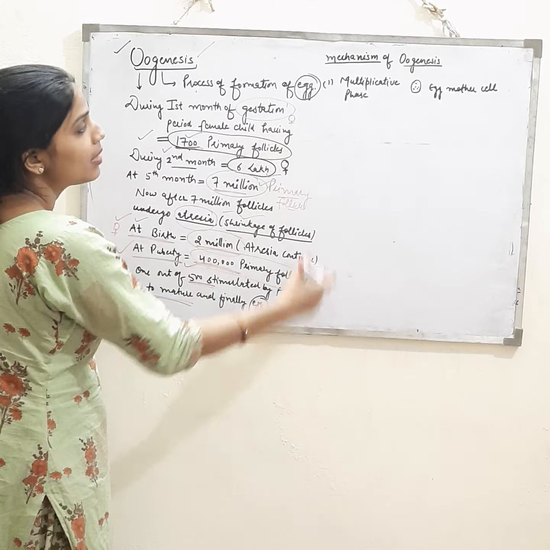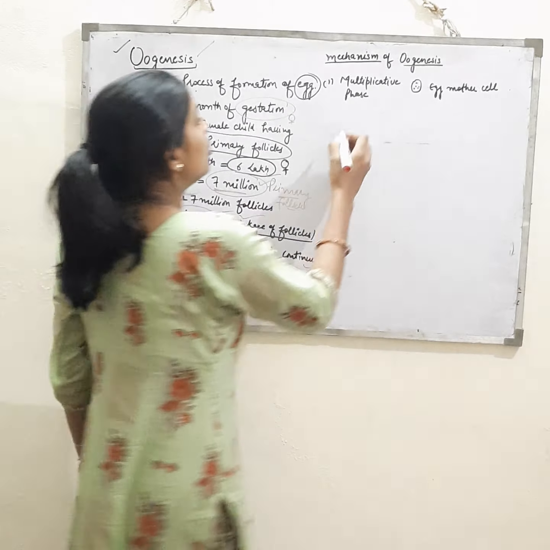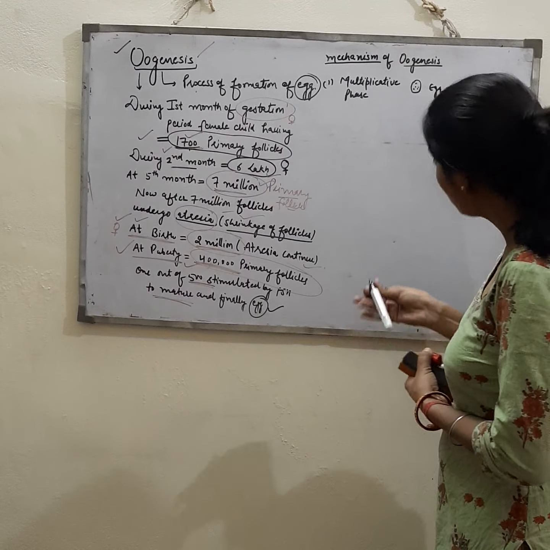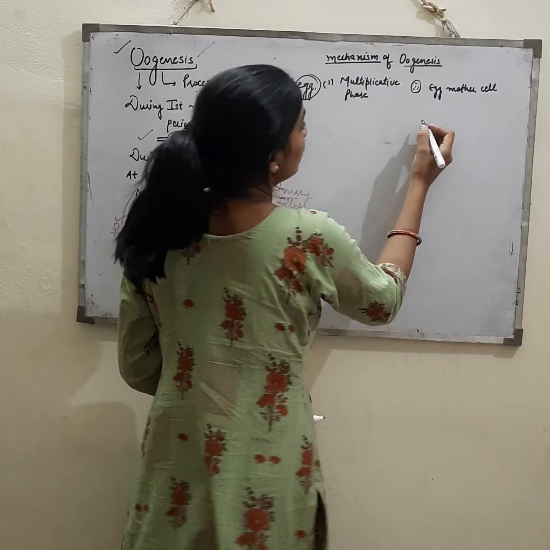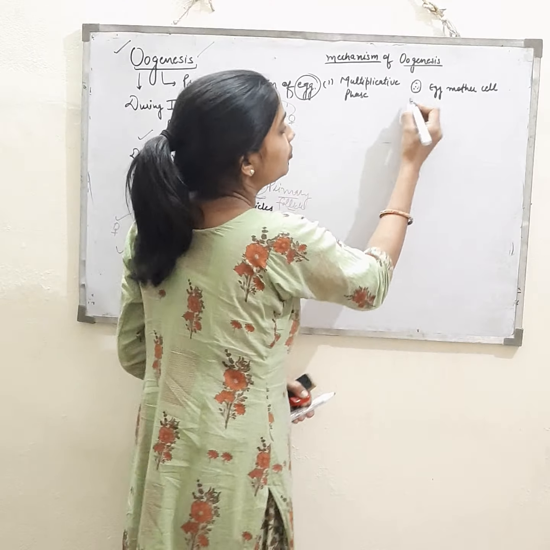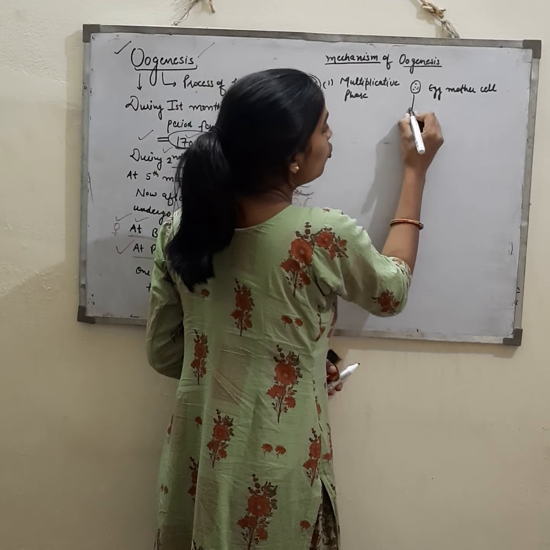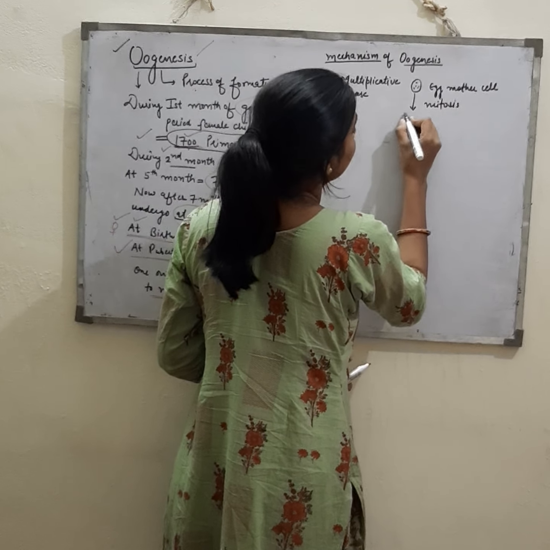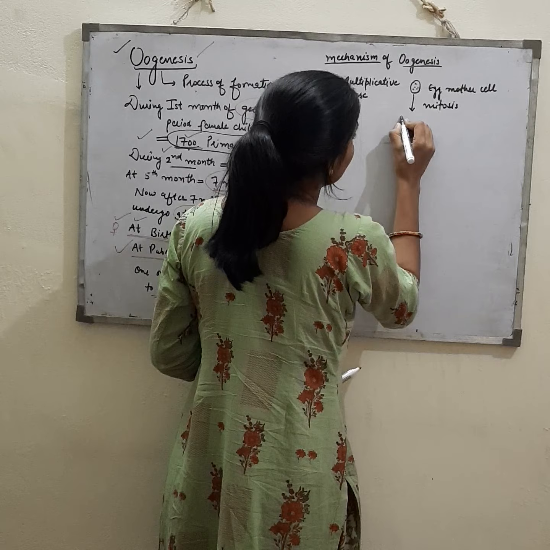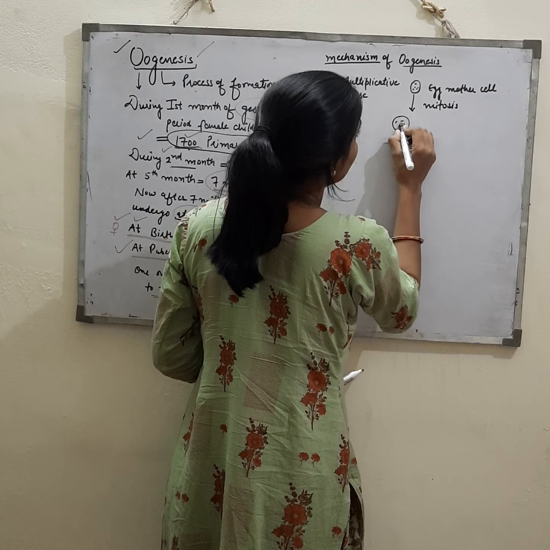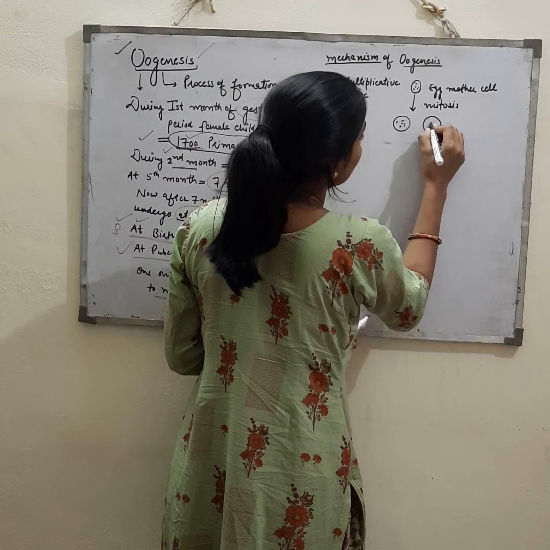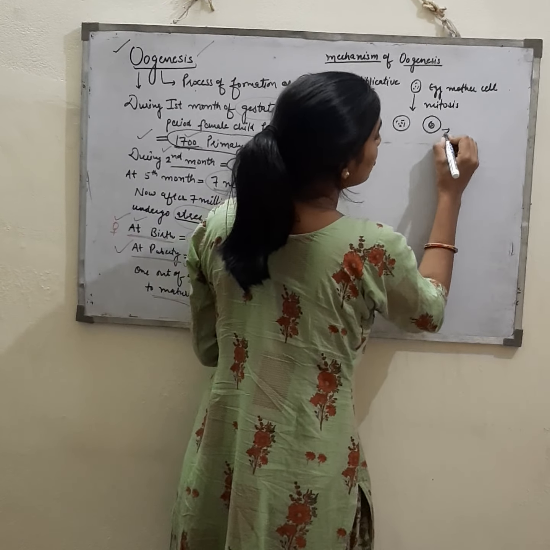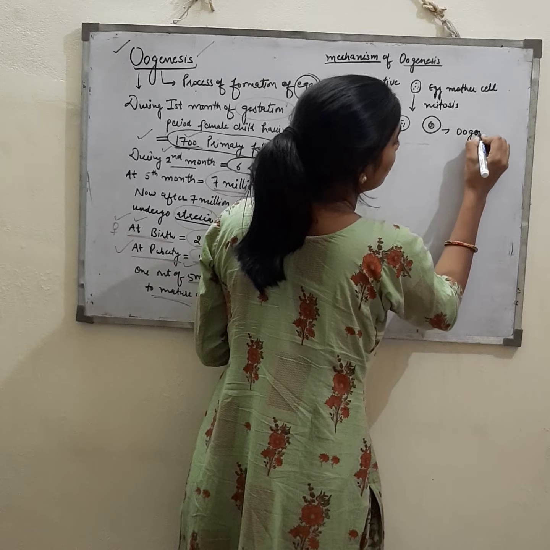Now what is the mechanism? First one is the multiplicative phase. Let's start from here. This one is the egg mother cell. This egg mother cell is going to divide mitotically. Two in number, this one is known as oogonia.